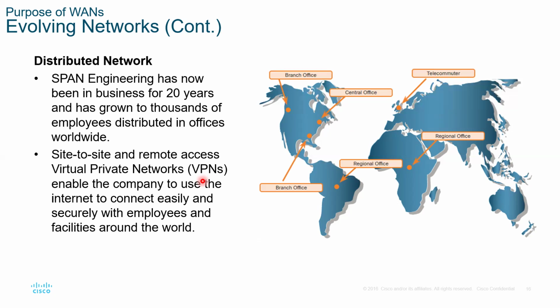The technology at this point is VPN. We can have other technologies besides VPN, but they will be very costly. VPN is cheap because it rides over the infrastructure of the internet.